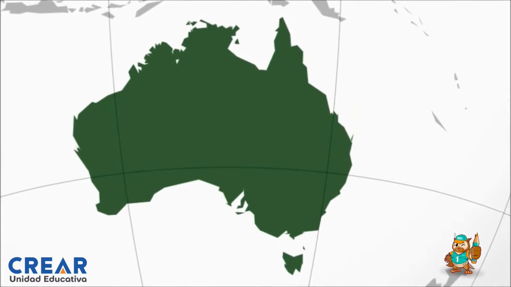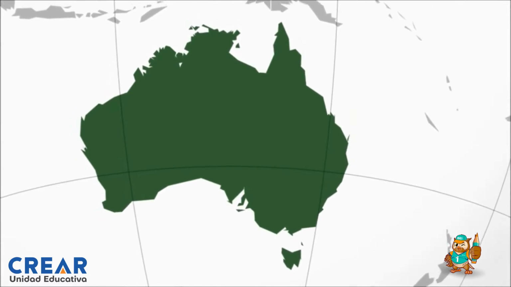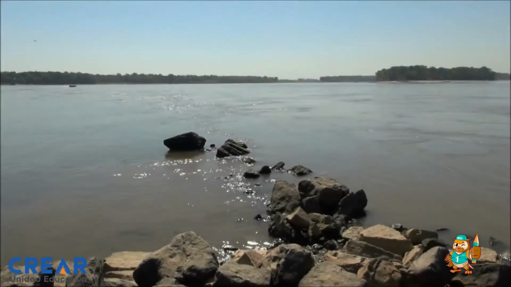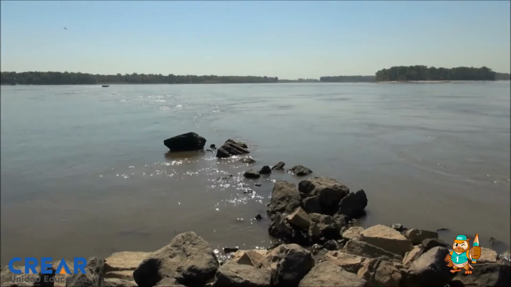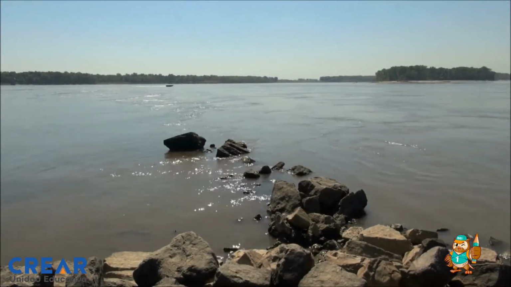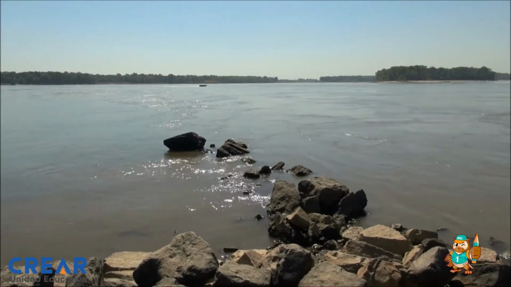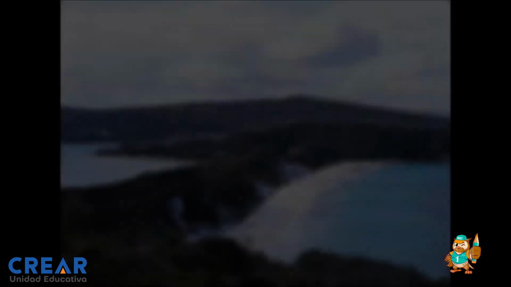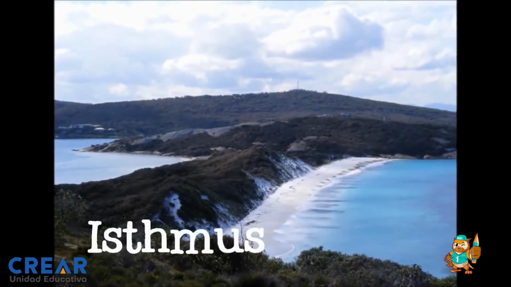The landforms that involve a little land and a lot of water are peninsulas and isthmuses. An isthmus is a narrow strip of land with water on both sides, connecting larger pieces of land.